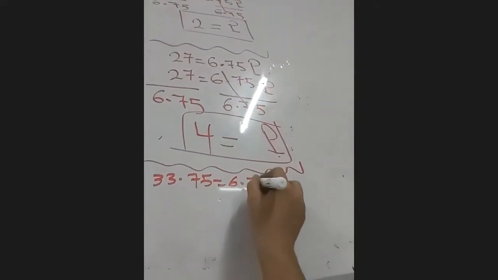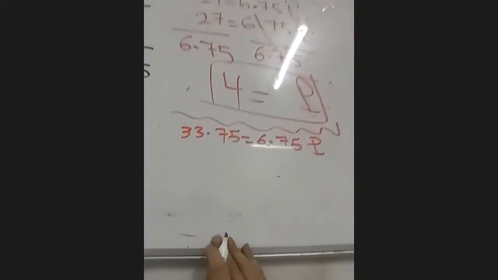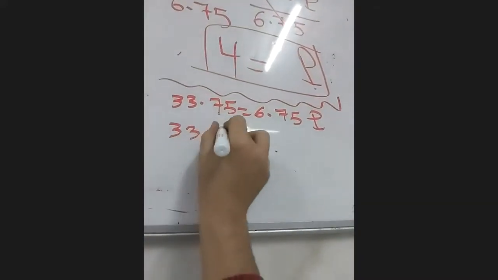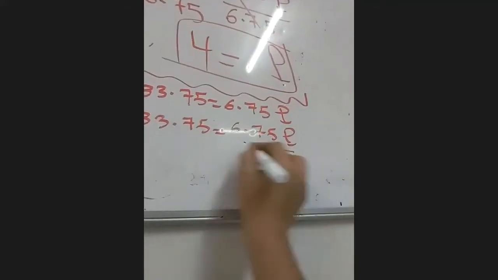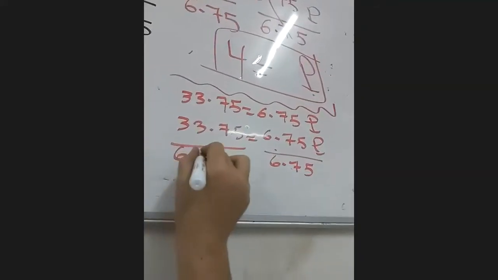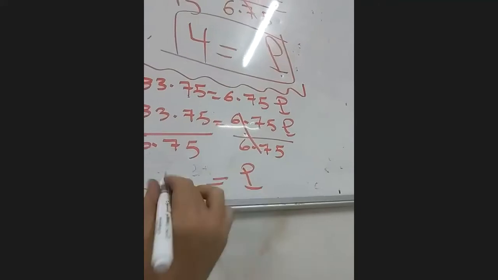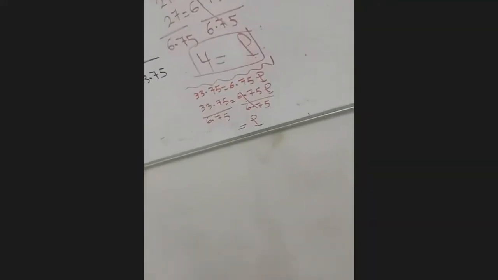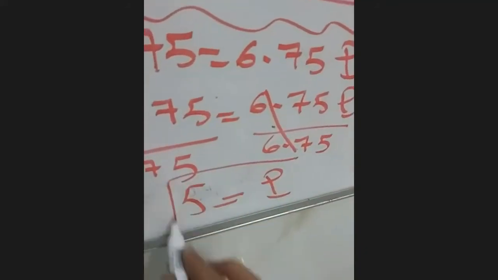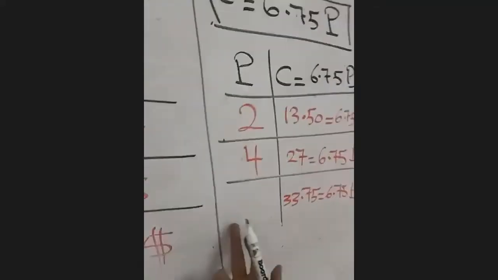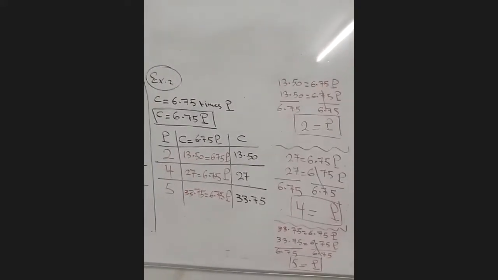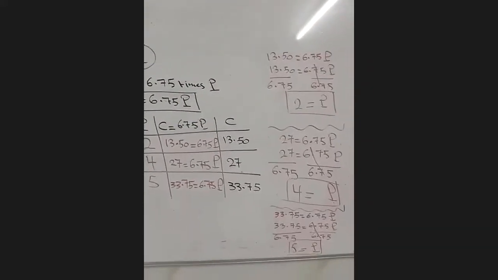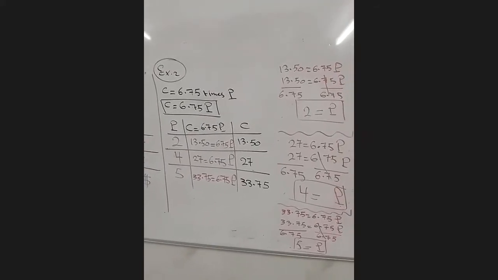We will write the equation again and divide 6.75 on both sides. Excellent. If you divide these two numbers, P will be 5. Do you understand it? Good boy. This is example 2, guys.